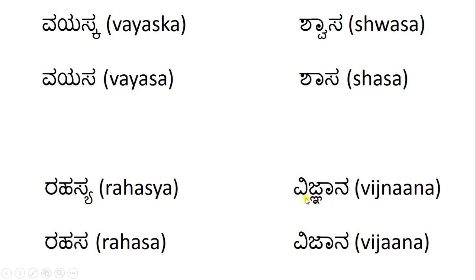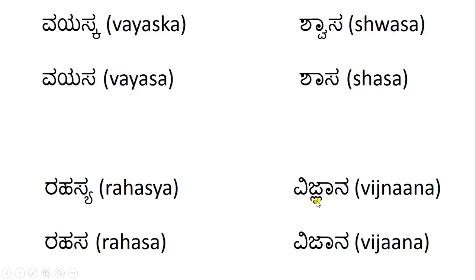Next one. Vijnana. Without this symbol, nya, it would become vijana. Vijana does not have any meaning in Kannada. So, it is vijnana. When we pronounce it, this is pronounced as jna.